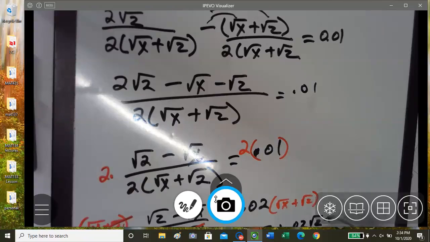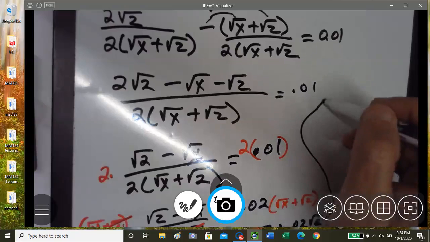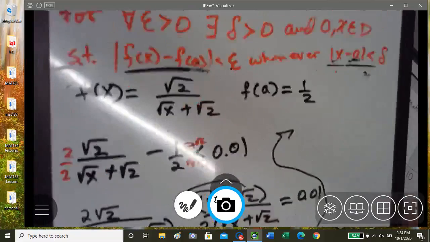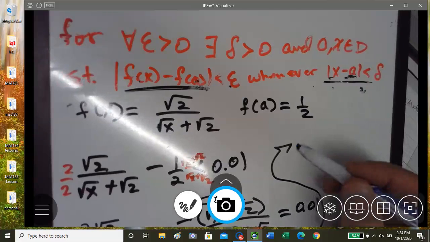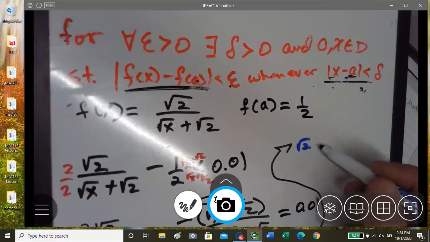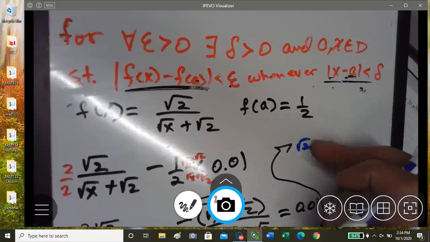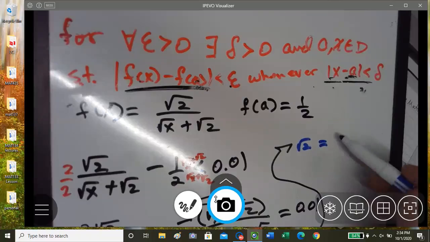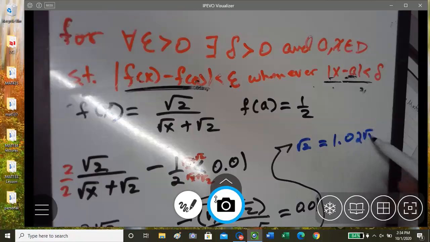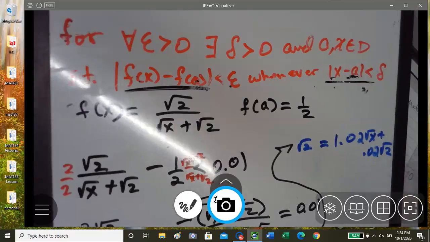And so when we do that, we get the square root of 2 minus, now the square root of x was added over to the other side. So this becomes 1.02 square root x plus 0.02 square root 2.